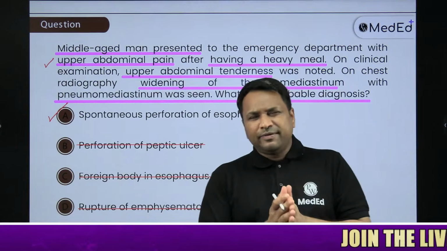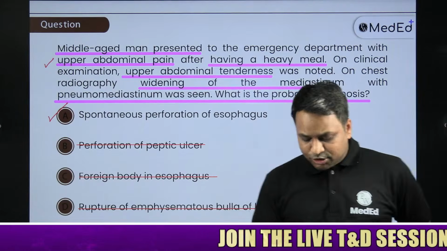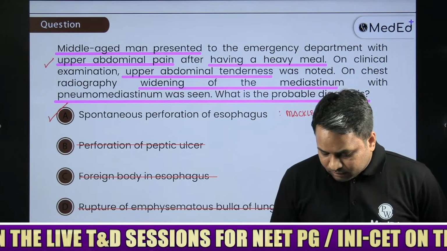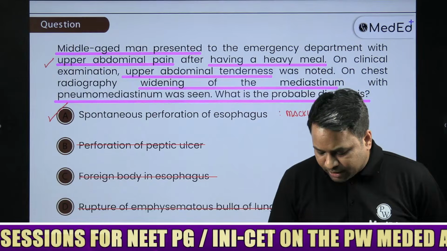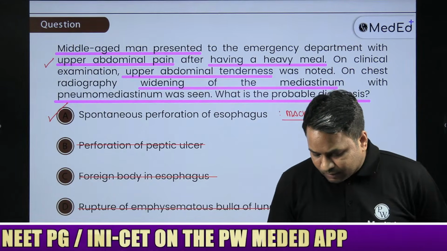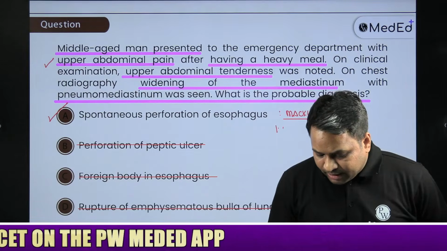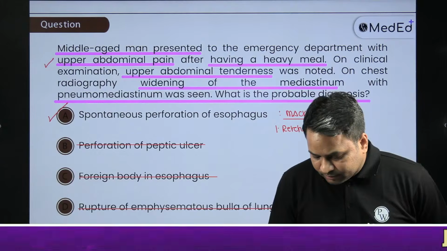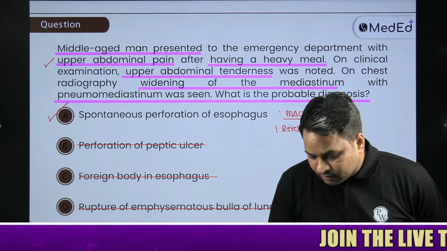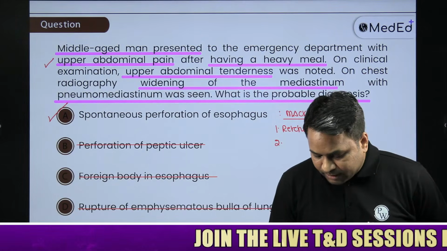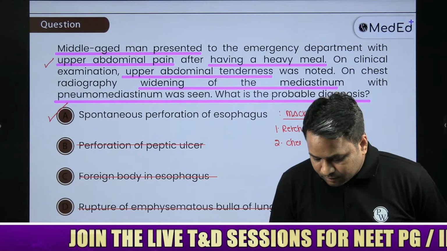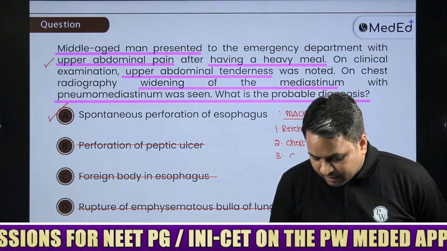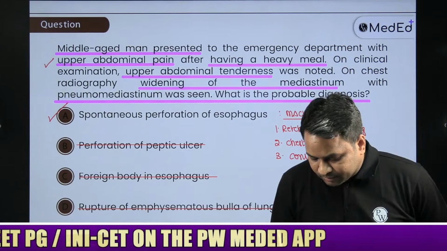Usually, when we say it is a Mackler's triad, what is the Mackler's triad? There has to be retching followed by vomiting, severe chest pain, and cervical subcutaneous emphysema.